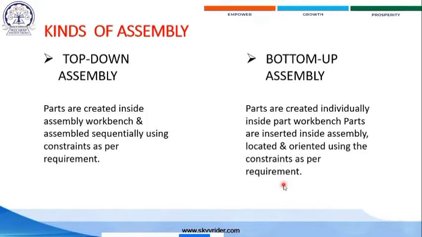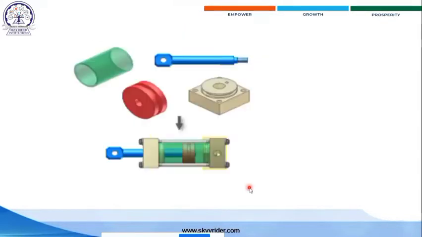That is the process of bottom up assembly. In top down assembly, we take a base and make parts there. But in bottom up assembly, we already have existing components, then we insert them inside the assembly and give constraints to restrict the degrees of freedom. So these kinds of assemblies are there.